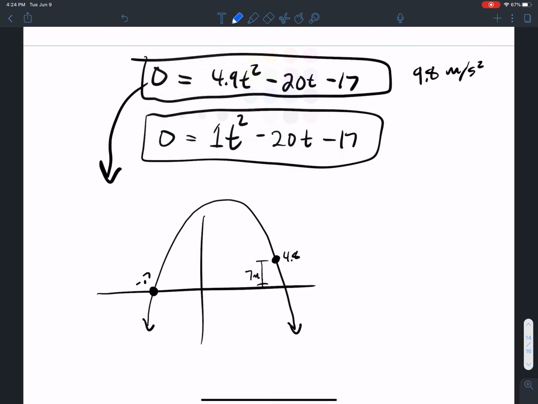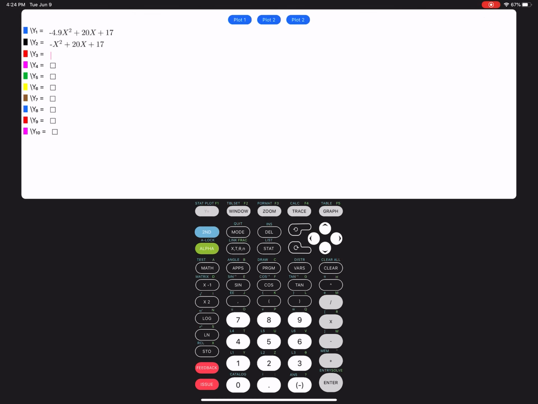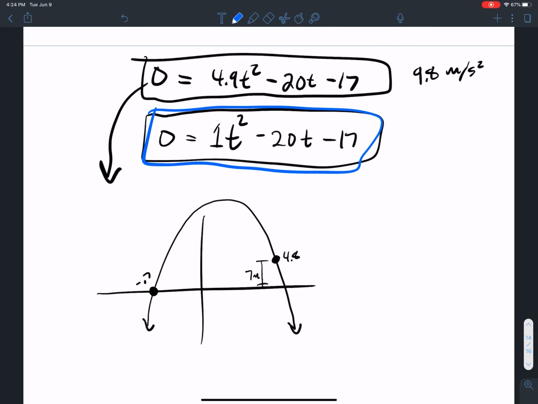And then this curve, if I look at my graph here, I think it was the black one. Yeah, so the black one looked like this. All right, so you just can't see it on the other side.